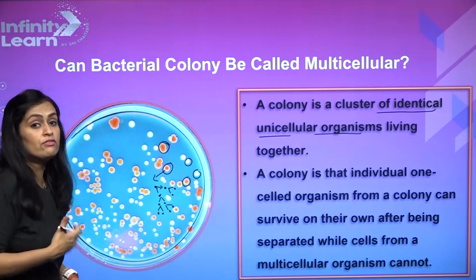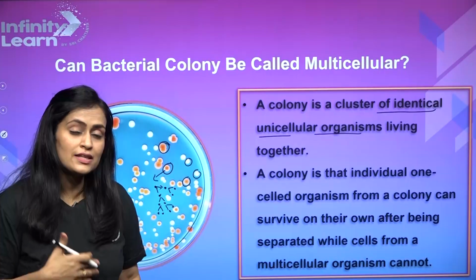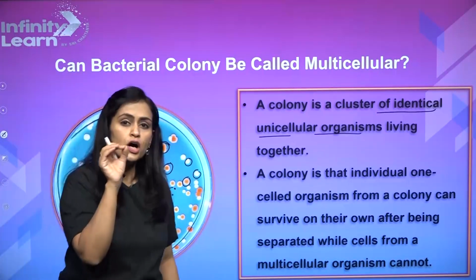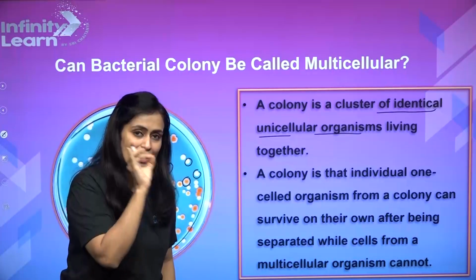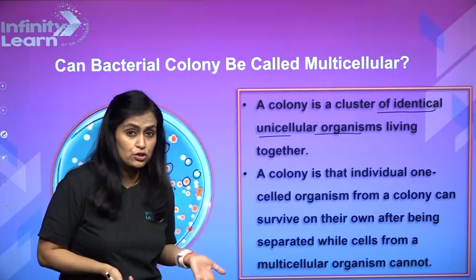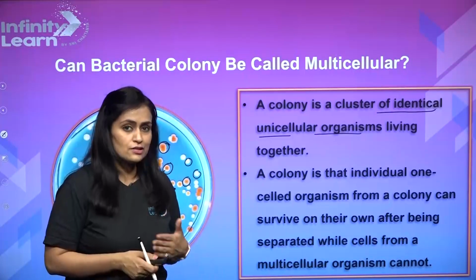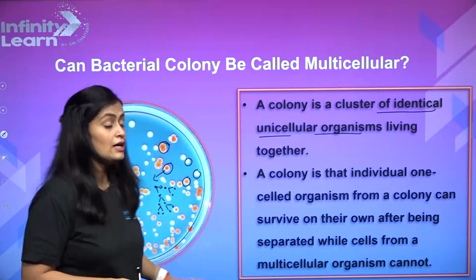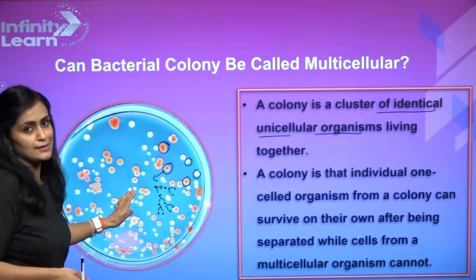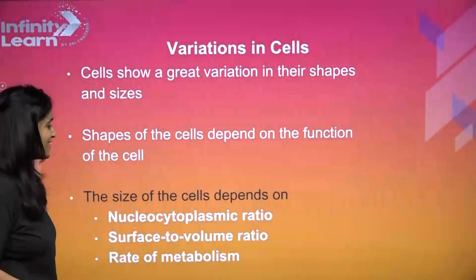So they are individuals and they can perform their own function. But if I say, please remove one cell from the cat's body and let it function independently, would it be able to do that? No, right? That is not possible, and that is why these colonies of bacteria are not to be called multicellular. All right.